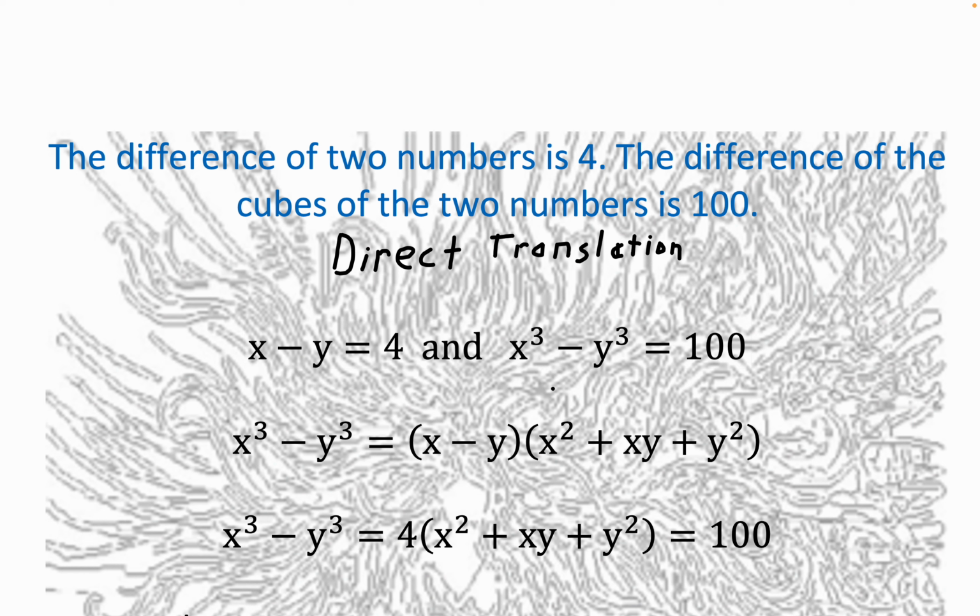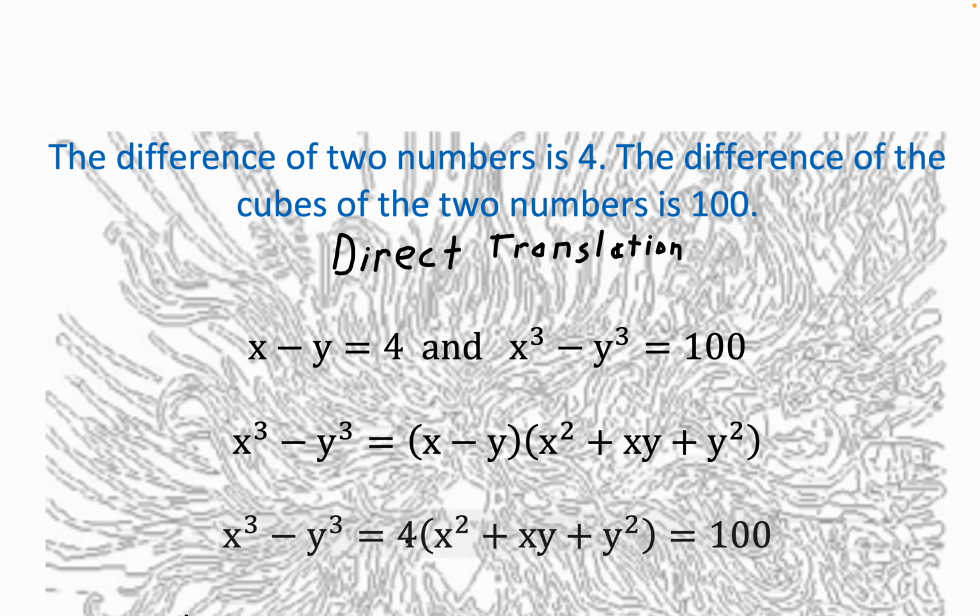Now, at this stage also, you need to pull up this result, the difference of two cubes. This is fairly well known. It's not quite as common as, say, the difference of two squares. But what you get here is x minus y times this trinomial. You would actually get 6 distinct terms, but it turns out 4 of them cancel out because of the presence of this tick-tock minus sign right here, okay? And so now what we do, we fill in the blanks. Well, x minus y is equal to 4.